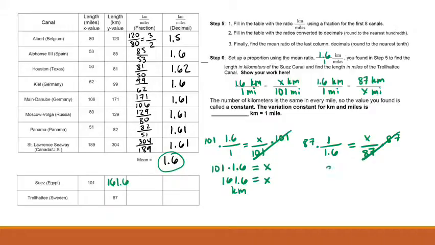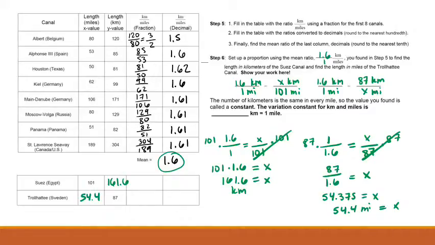And I have 87 divided by 1 6/10 to solve for X. And so 87 divided by 1 6/10 is going to give me 54 375 thousandths, or if you want to just round that to say 54 4/10, that would be fine too. And again, this is miles, and this is the number of miles for the canal in Sweden.